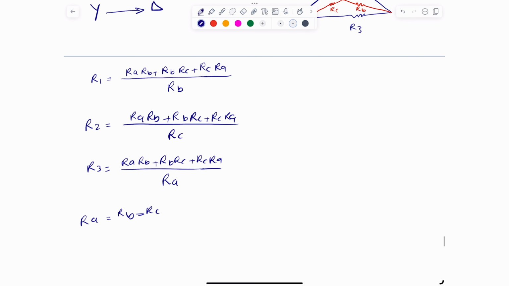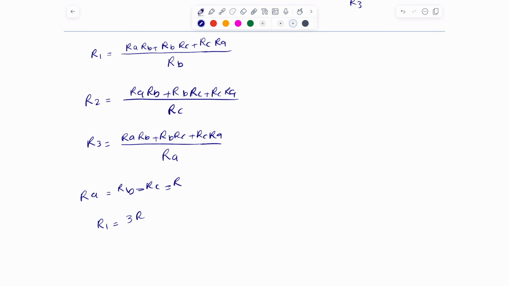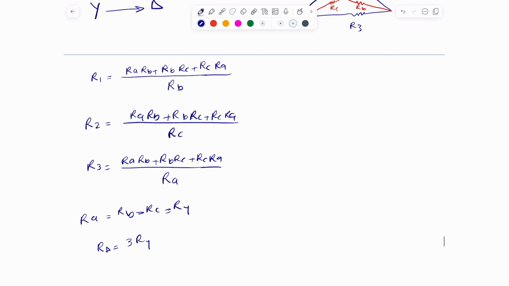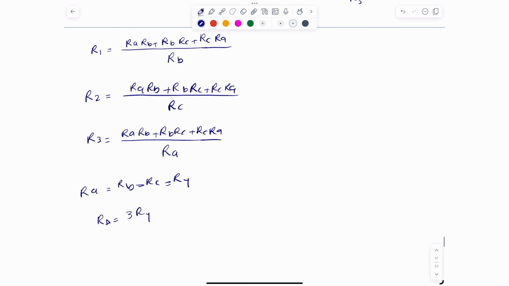You can substitute, and let's assume that it's equal to R. You're going to see that this is R squared divided by R. So R1 becomes R squared plus R squared plus R squared, so 3R squared divided by R, or simply 3R. This appears for R1, R2, and R3. So R delta becomes 3 times RY, if we said that the R of Y is the ABC. Okay, so this is if they're all equivalent.